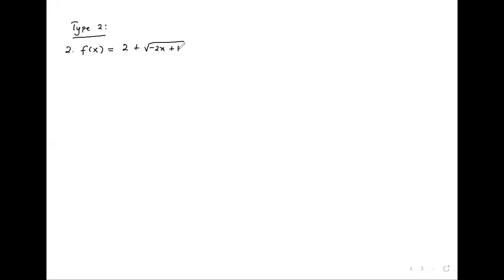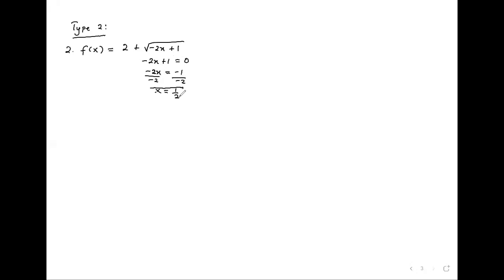What did we say should be our focus? The focus is on negative 2x plus 1. This must be 0, meaning negative 2x should be equal to negative 1, divided by negative 2, divided by negative 2. So x is 1 over 2.